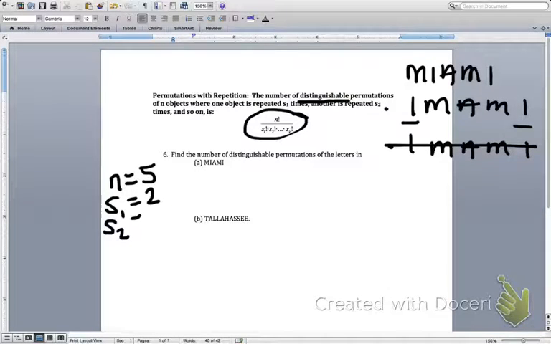S sub 2 we'll use for the I's. There are also 2 I's. When I plug this into the formula, I have 5 factorial over 2 factorial times 2 factorial. And again, you can plug that into your calculator, or you can do it by hand. Either way, there are 30 distinguishable permutations of the letters in Miami.